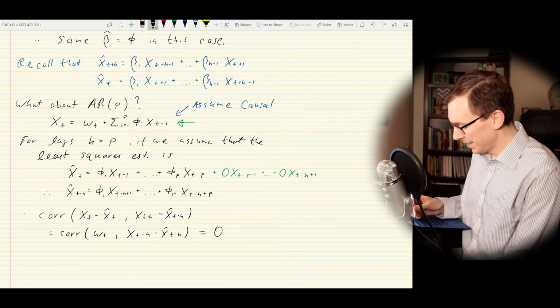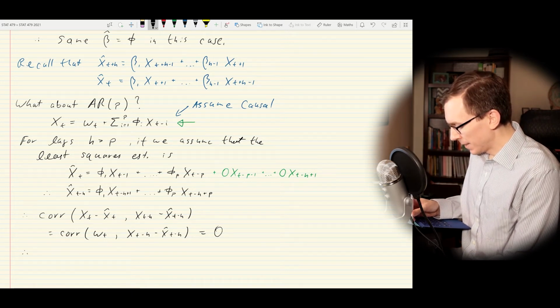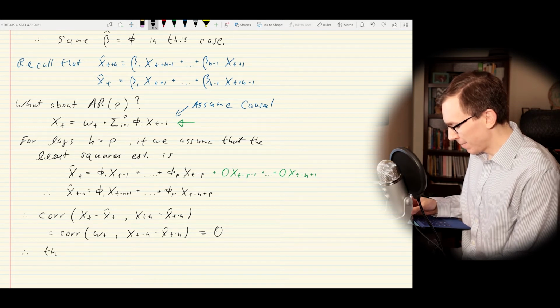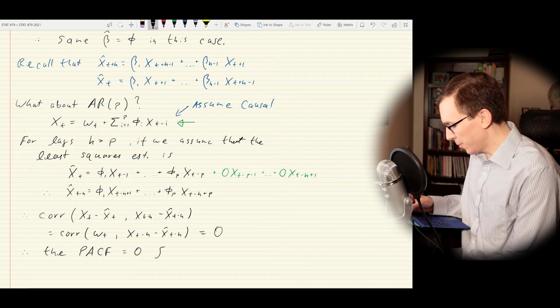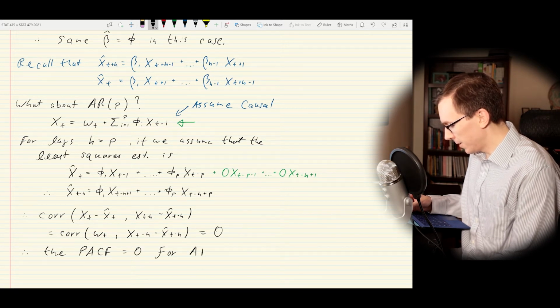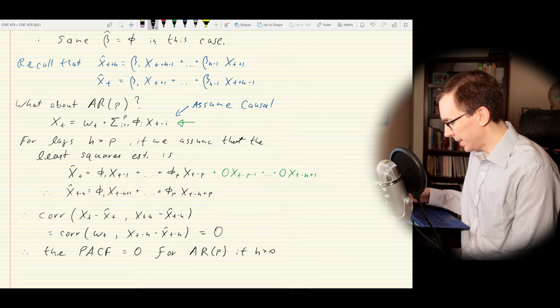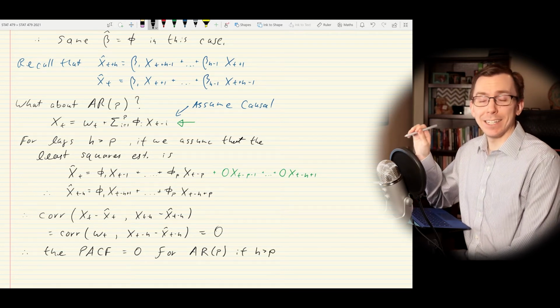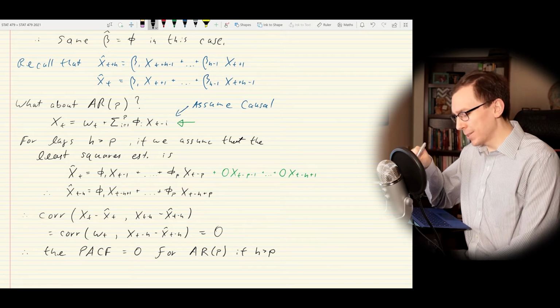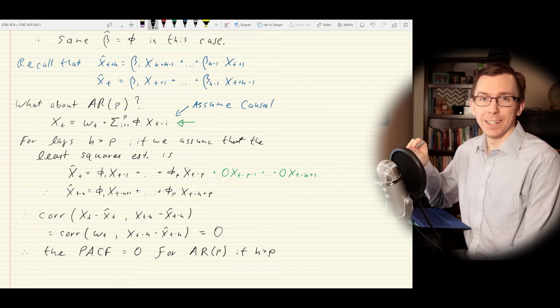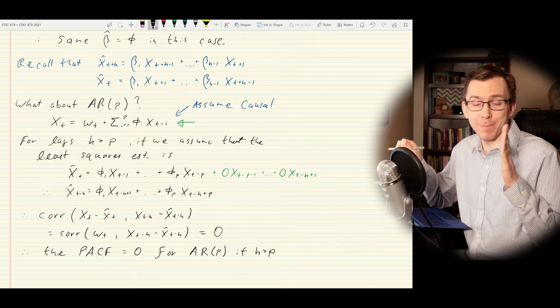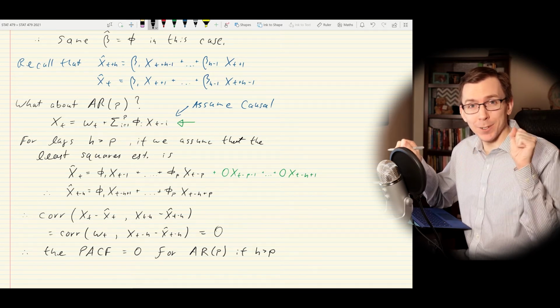And once again, therefore, the PACF is equal to 0 for an AR(p) if h is greater than p. And that means we can use the partial autocorrelation function to try to determine the order of an AR(p) process, because as soon as we cross that threshold of p and get to p plus 1, it goes to 0.